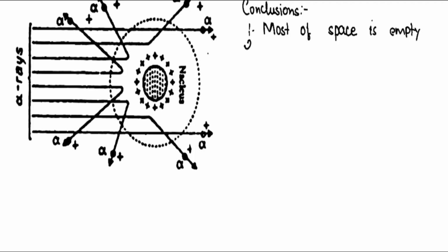The next one is, few alpha rays were deflected, indicating that a repulsive force is present which is not concentrated over the whole area, rather it is concentrated over a small area, and this is termed the nucleus.